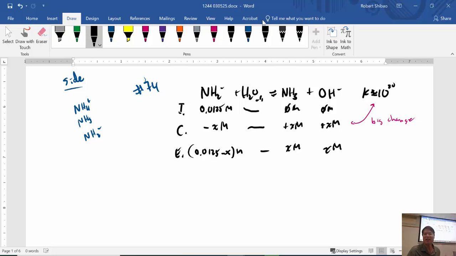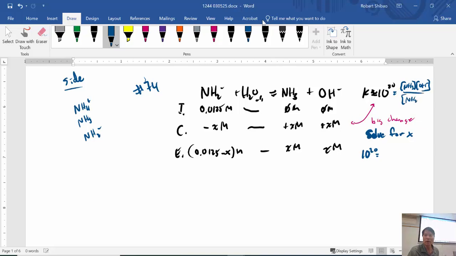Okay, so now I'm just going to solve for X. We have 10 to the 20th equal to the ammonia concentration times the hydroxide concentration, both raised to the first power, divided by the amide concentration.